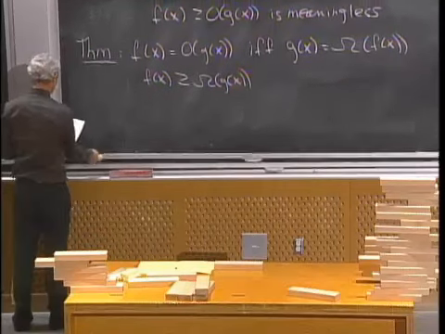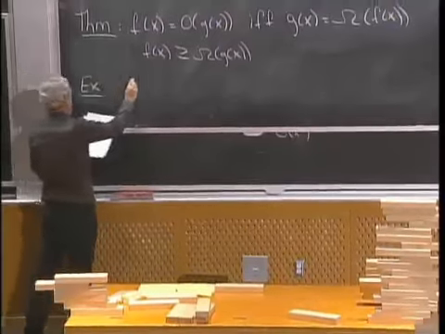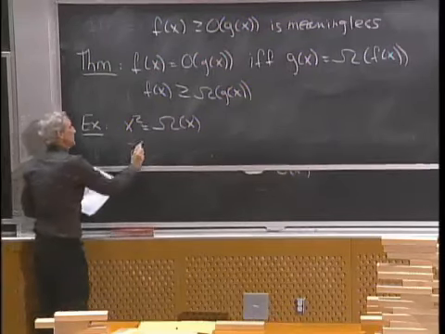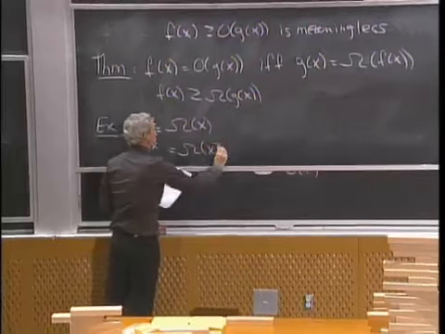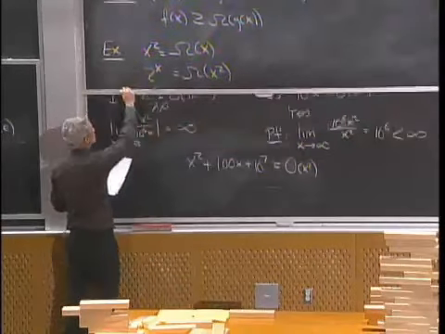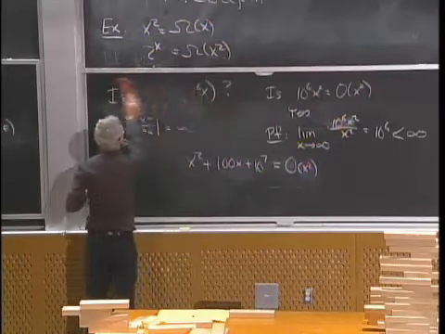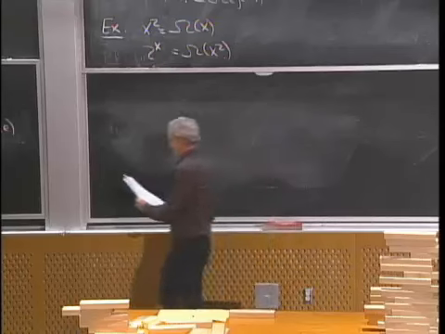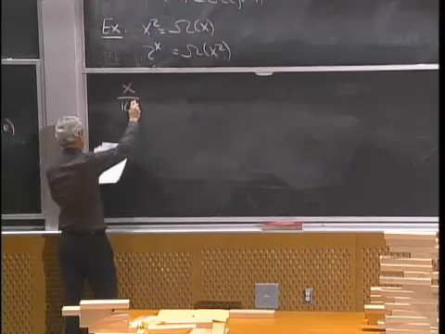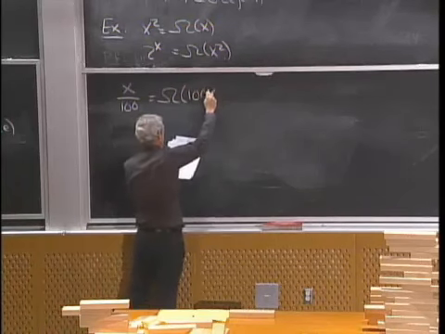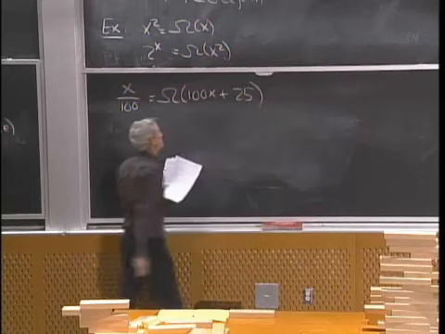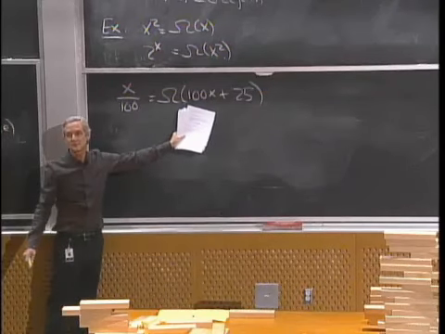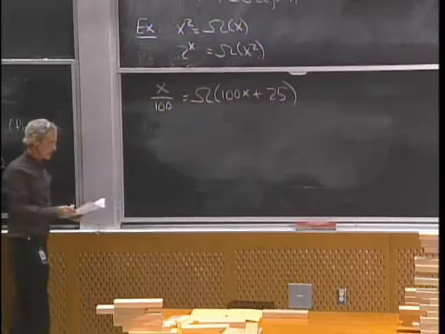All right, let's do some examples. x squared is omega of x, because it grows faster than x. 2 to the x is omega of x squared. x over 100 is omega of 100x plus 25, because constants don't matter. x over 100 grows at least as fast as 100x does, because we're measuring the growth, so constants go away.